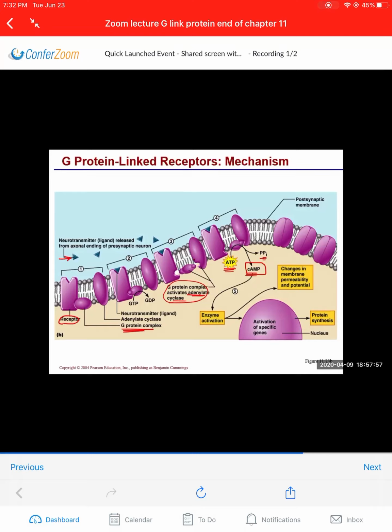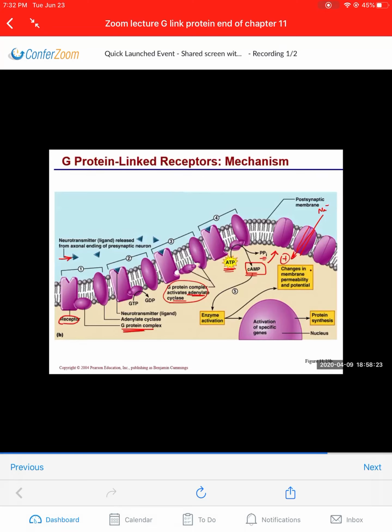Now this cyclic AMP causes the cellular response. Cellular response means what it could do for the cell. It could do a variety of things. For example, it could open up these protein channels. If these protein channels are for sodium, as they open up, maybe sodium will rush in. As a result of that, you depolarize the membrane.